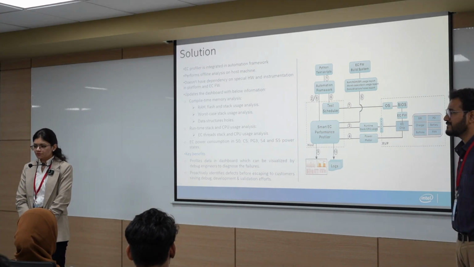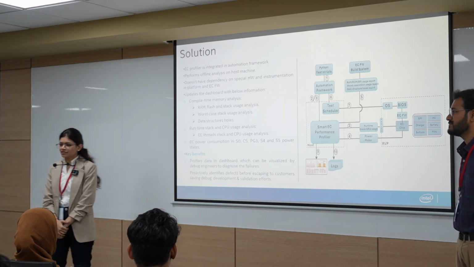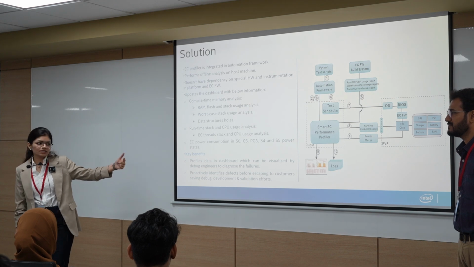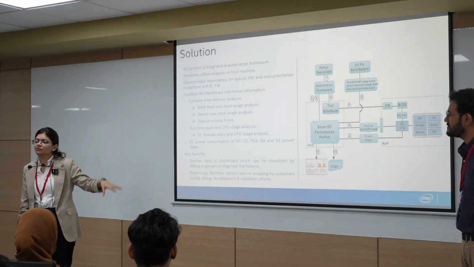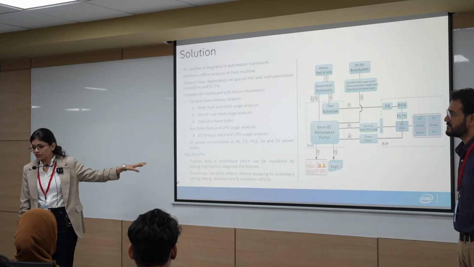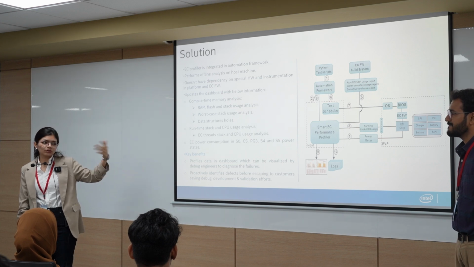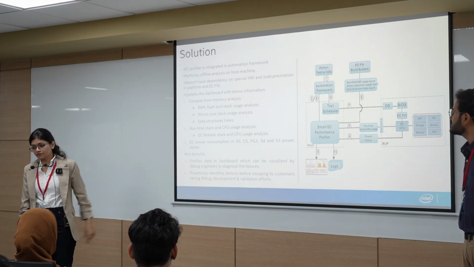We need to add minimal changes in the tool itself, in the profiler. We just need to add the files as mentioned, generate the object file, and add some of the modules which I mentioned into the script. That's it. Otherwise, it will take care of the building once I build the EC firmware.